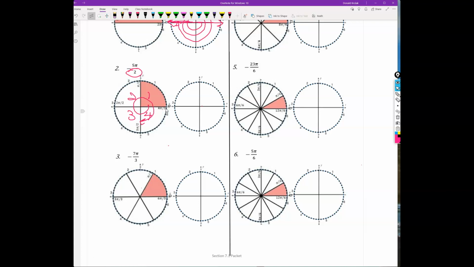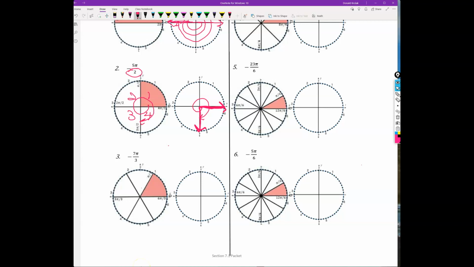That's what -5 pi over 2 is going to look like. That's turning that amount right there. So there's my initial side, and there's my terminal side.